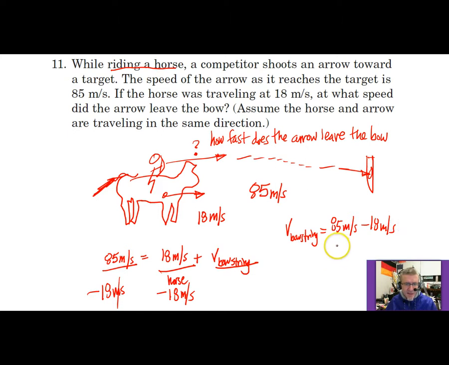I think that's 67 meters per second. So if you saw that this was the question turned around a little bit, just to try and get at how the horse and the bowstring combine to make the arrow hit at a certain speed, but you didn't know one of those, then good job. You're right on track.